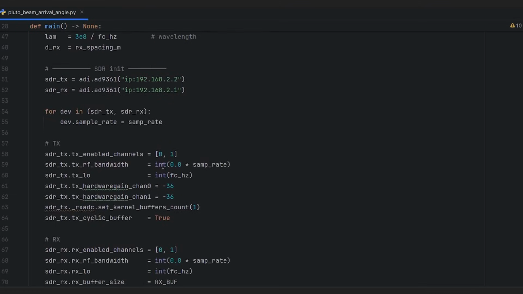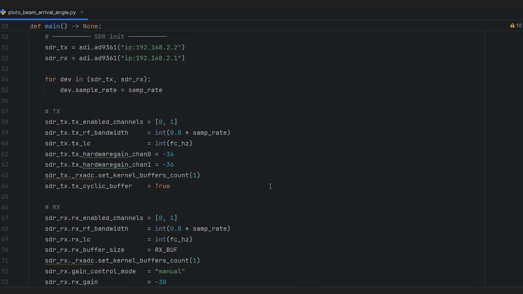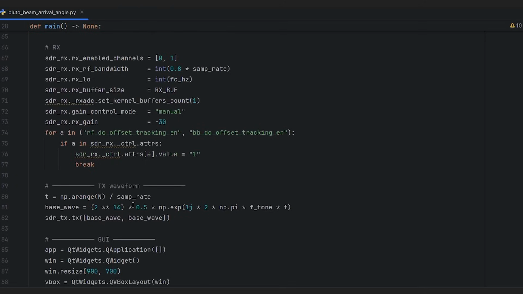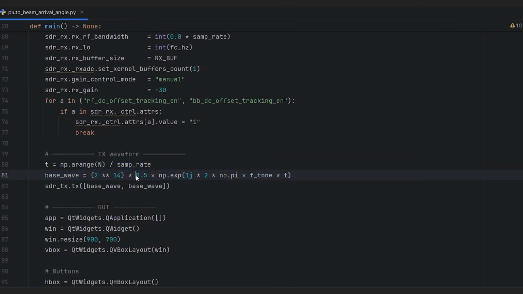The rest are the definitions of our ADALM-Pluto, which is just the IP address, the sample rate, the RF bandwidth, enabling the channels or defining the VGA gain, and then creating the TX wave, which is the baseband sine tone, and then sending it.